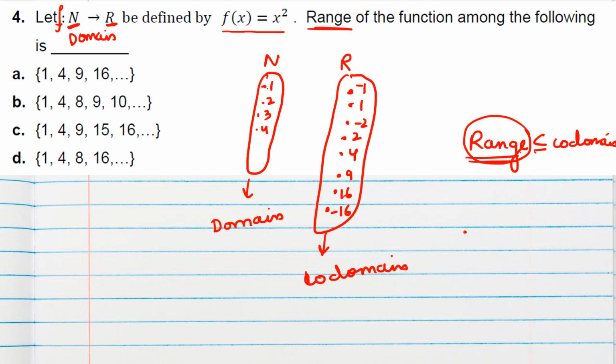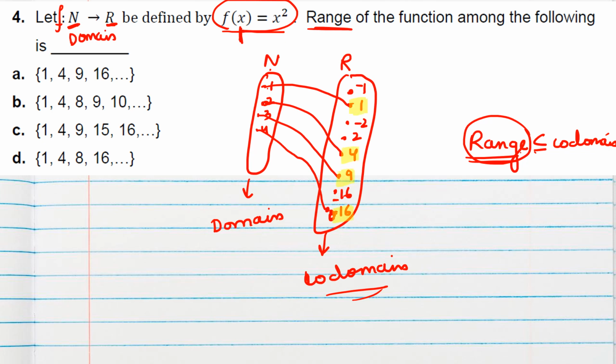Now coming back to our question, see here the function is the same. If I put x value 1, that is from N, I'll get 1 square which is 1. If I put 2, I'll get 2 square which is 4. If I put 3, I'll get 3 square, 9. If I put 4, I'll get 16. So the codomain is nothing but R, but you can observe which elements are related: 1, 4, 9, 16.